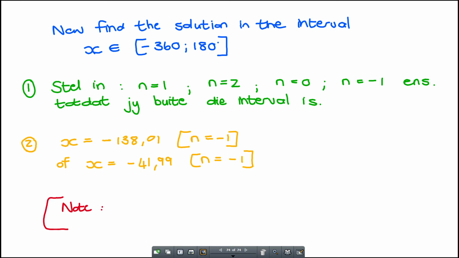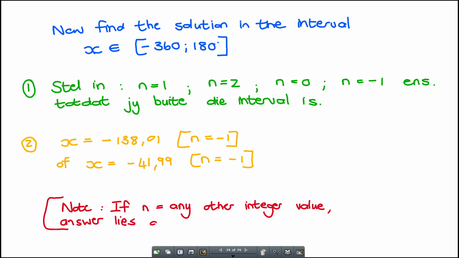Skryf net eers af, gaan nou verduidelik. Okay, right. So. Skryf gou klaar.